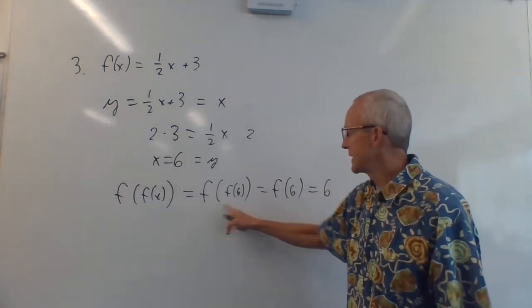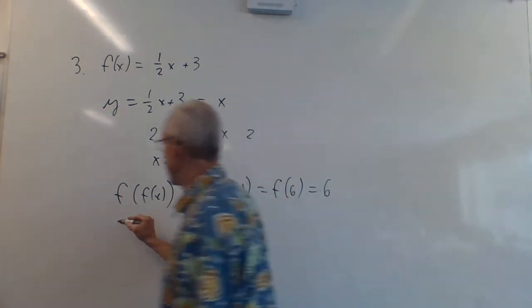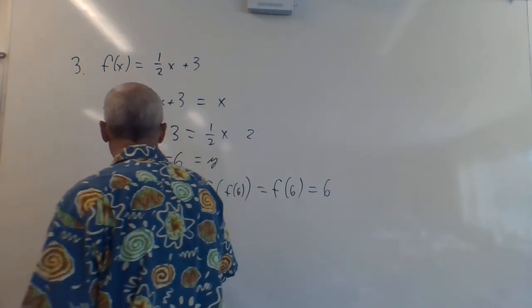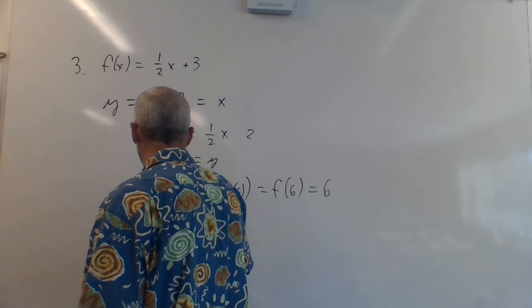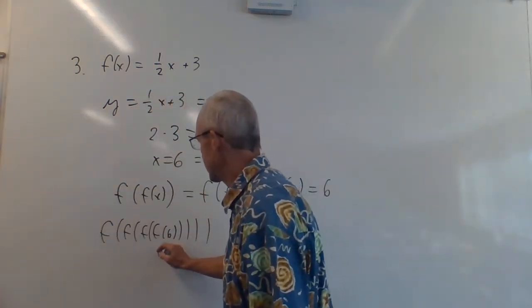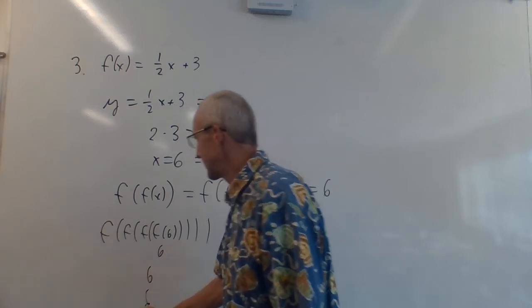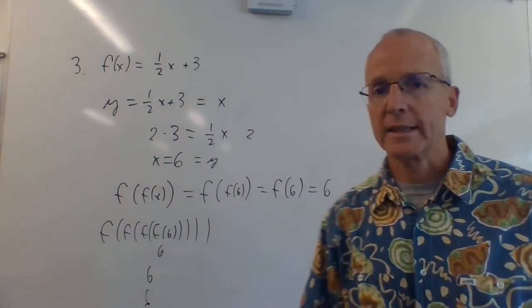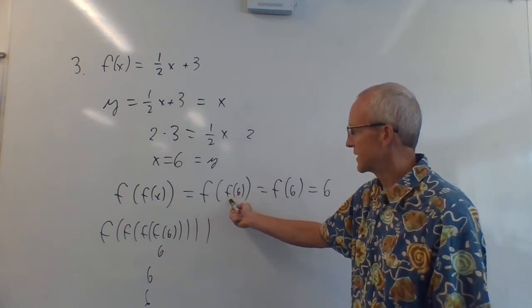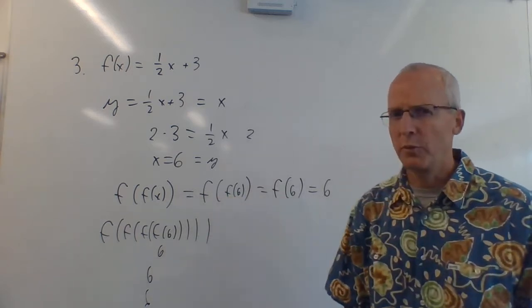So no matter how we take the function of itself, I could do another one: f of f of f of f of 6. I could go on forever, and you're always going to get 6, which gives you 6, which gives you 6. You'll always end up getting 6 because the function of 6 is equal to 6. Do you get the point there?